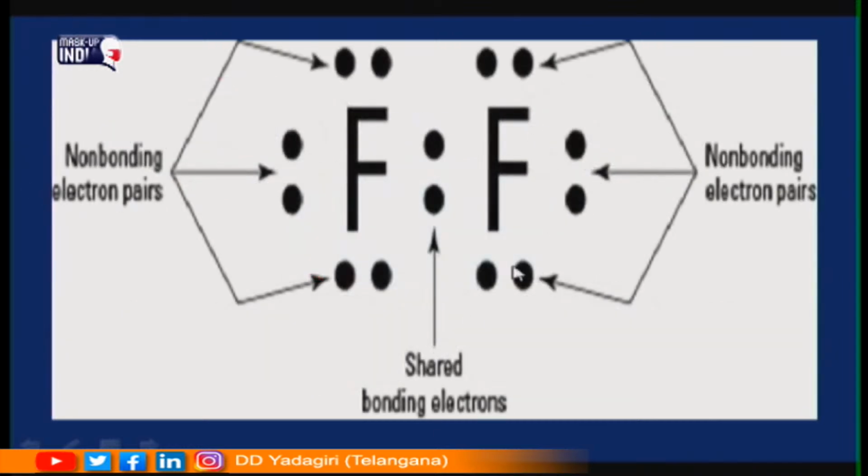So, what are these electrons called? The shared pair of electrons is called the shared bonding electrons, and there are 3 pairs of electrons in each fluorine atom which are called non-bonding electron pairs. These non-bonding electron pairs are also called lone pairs of electrons.